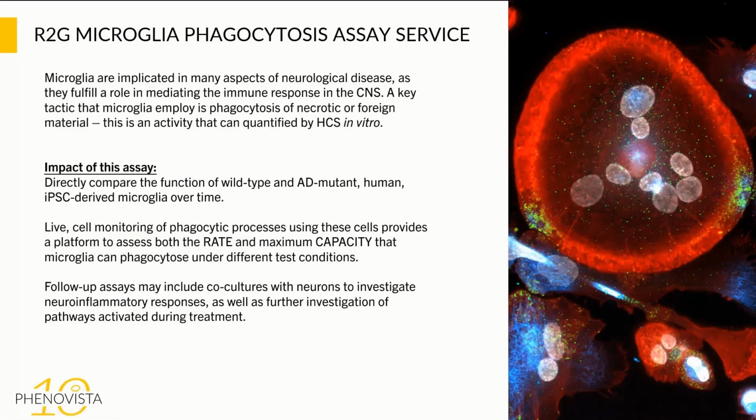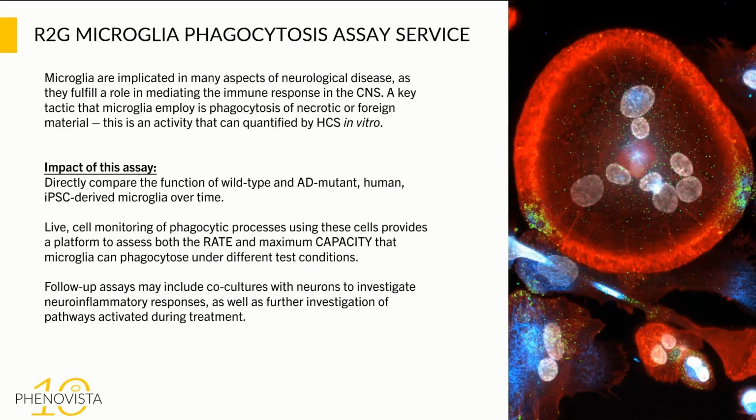They gobble up debris and dead cells. They help prune synapses that aren't used, just to keep everything neat and tidy. And so this phagocytosis function of microglia is really important to maintaining overall health in the CNS. So this is what this ready-to-go assay aims to provide answers to.